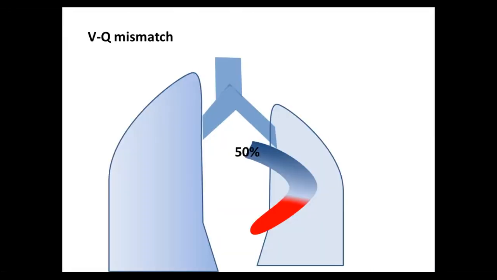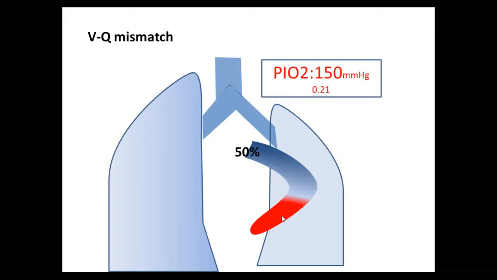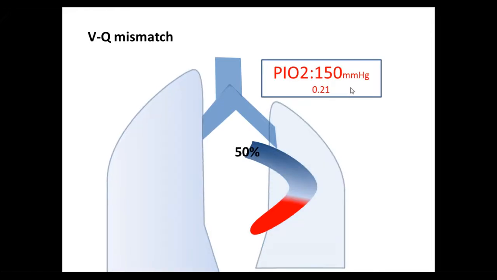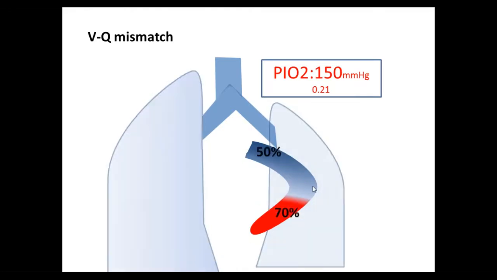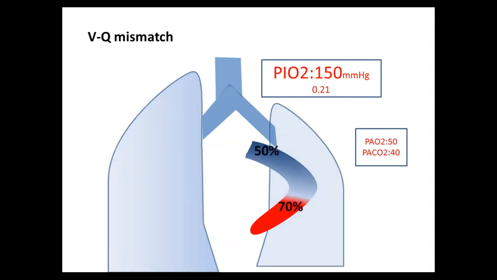First we'll discuss ventilation perfusion mismatch. In this model you have reduced ventilation in one lung. So if the infant is inhaling room air, so oxygen 150 millimeter mercury, and the venous saturation is 50%, arterial saturation 70%, so definite hypoxemia.